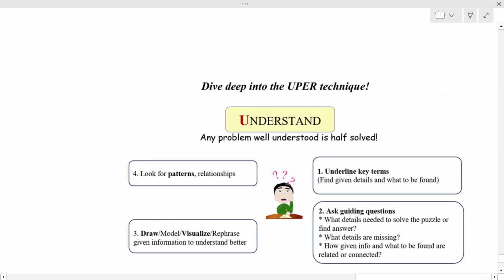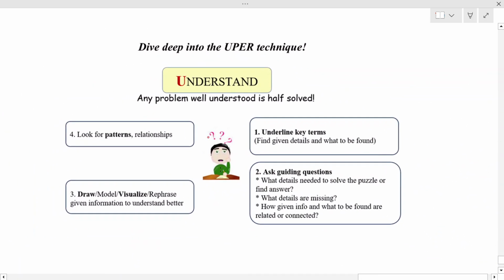One approach is underlining the key terms, which give the details and also what needs to be found from the problem, and asking small guiding questions on how to approach the problem and what details are missing. They can also draw slightly to visualize and understand the problem better.